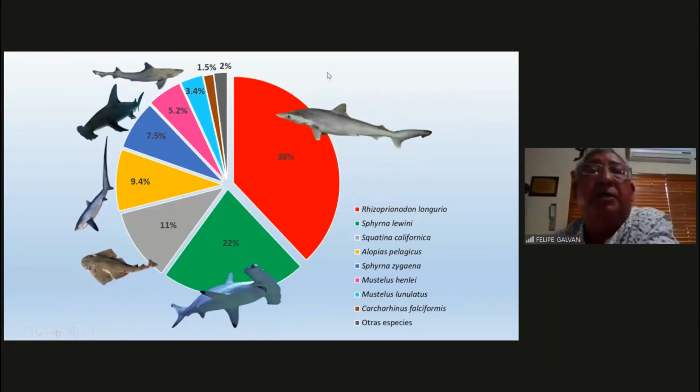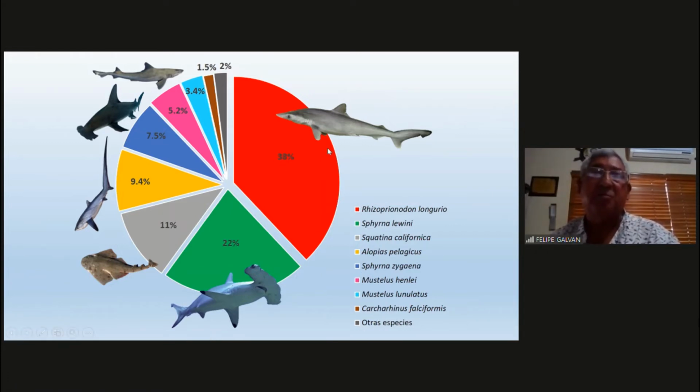Okay, the most important sharks are the Pacific sharpnose shark, the angel sharks, the pelagic thresher, spotted hammerhead sharks, and some smooth hound, the brown smooth hound, and other species.